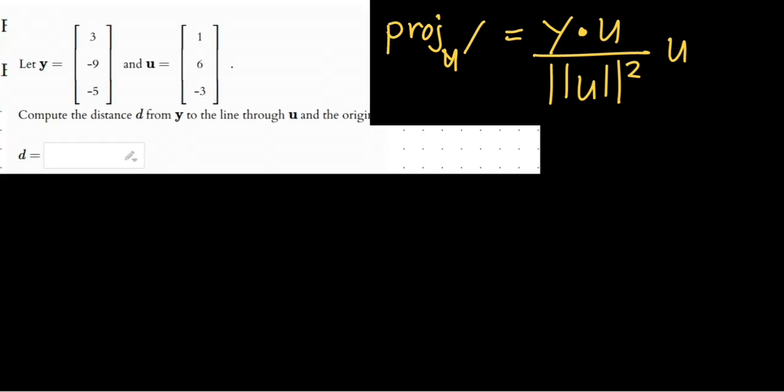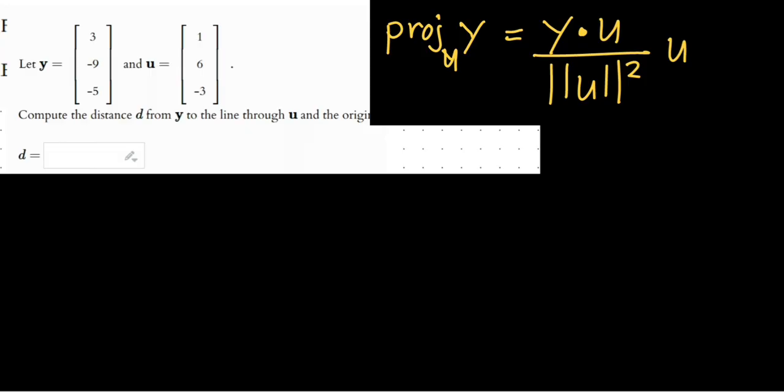So the distance from y to the line through u, that is projection. That is parallel. But the distance from y to the origin, that is orthogonal.